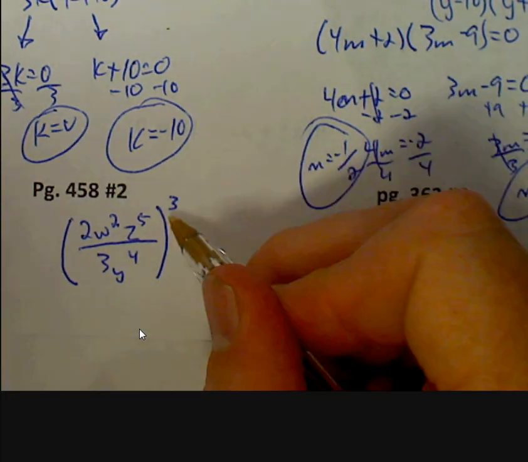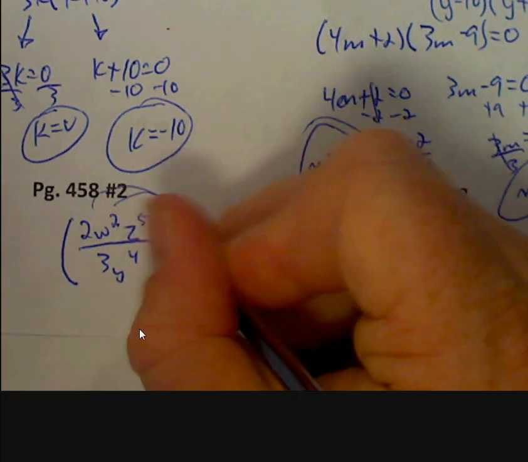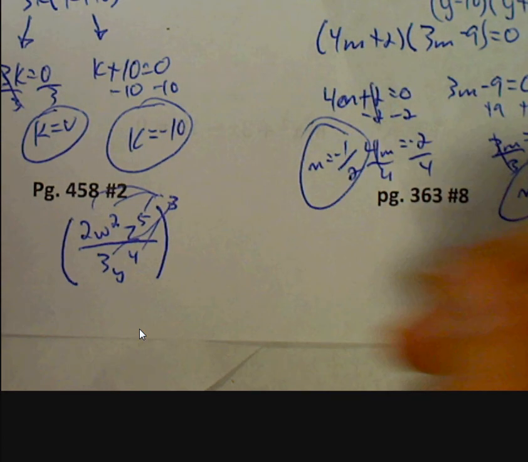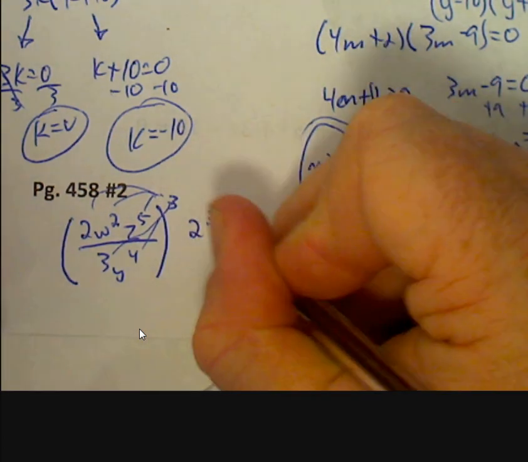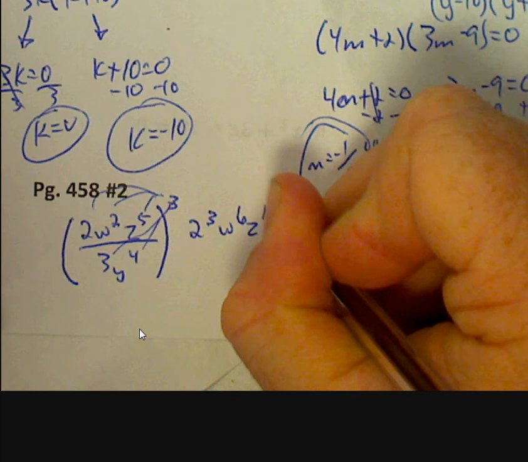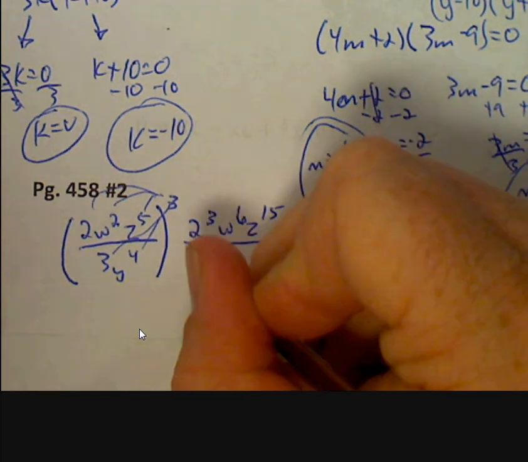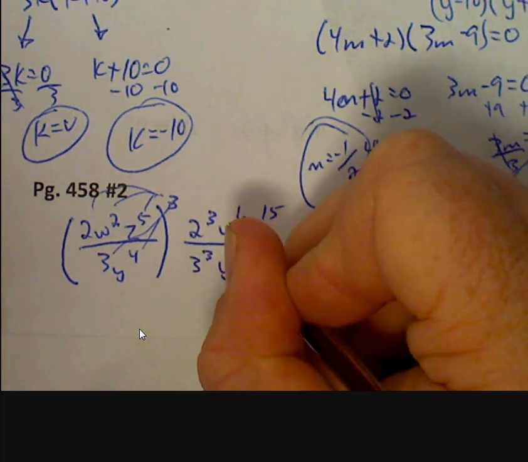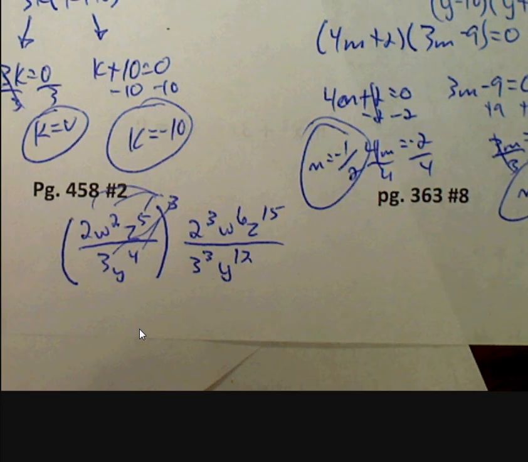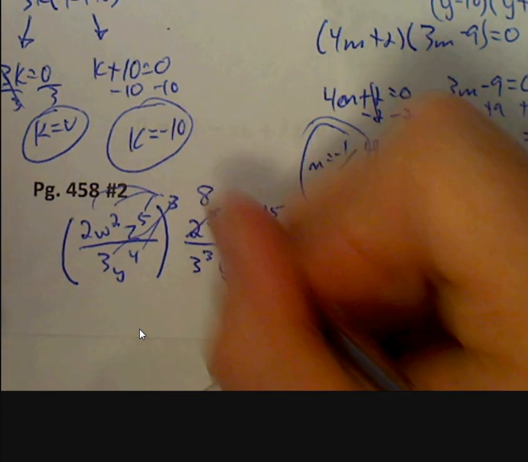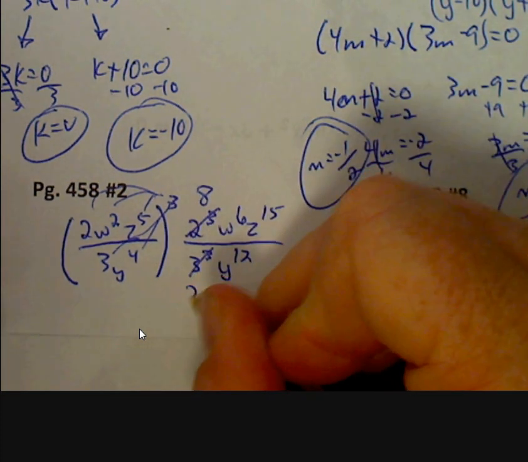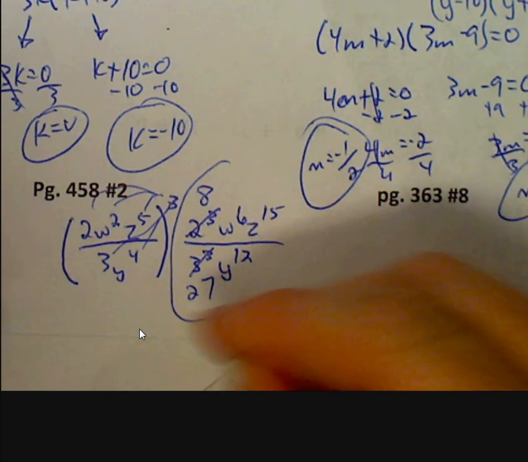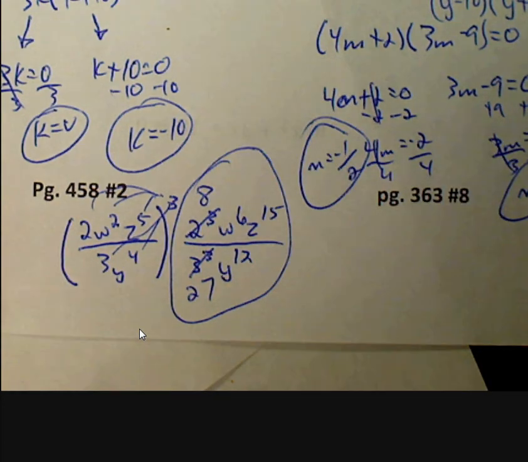So this is where I need to distribute to everything. So this would be 2 to the 3rd, w to the 6, z to the 15, 3 to the 3rd, y to the 12. 2 to the 3rd becomes 8, 3 to the 3rd becomes 27. There's nothing else I can do. That is my final answer.